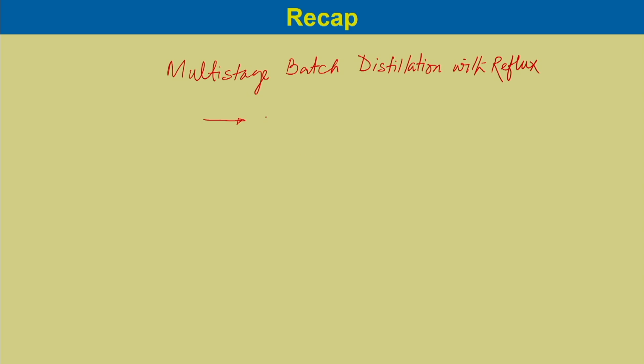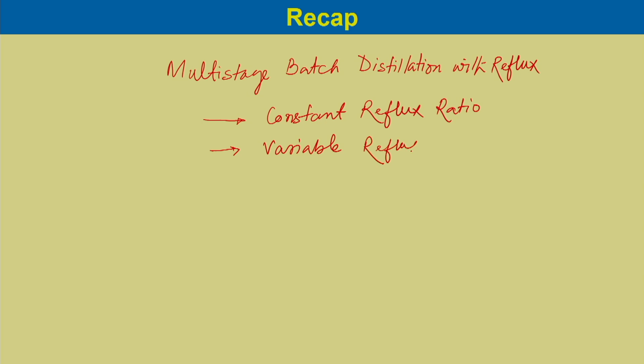One is constant reflux ratio and the second one is variable reflux ratio. So, both the conditions we have discussed, and we have solved two different examples, one for each case, for the solutions of the multi-stage batch distillation with reflux.